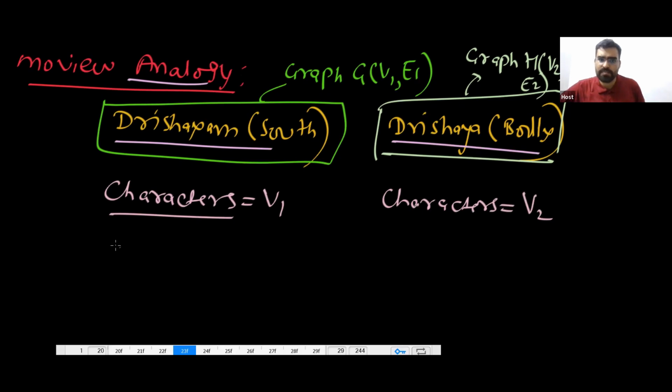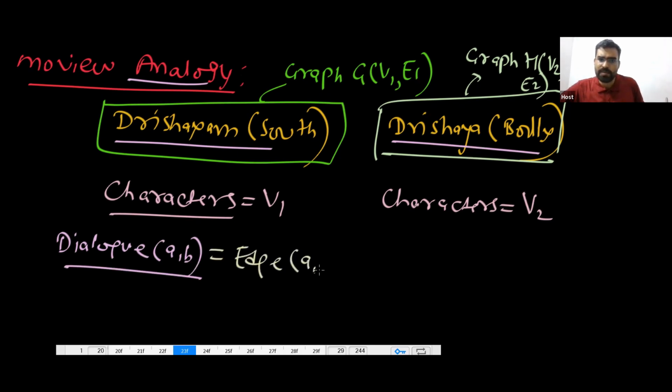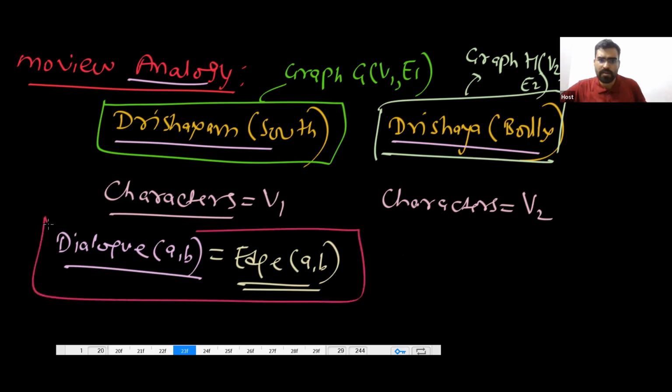And if you have some dialogue between A, comma, B, that is basically an edge between A, comma, B. So the dialogue between two people is the edge between two people. And if there is no dialogue between two people, then there is no edge between them. So this is the movie analogy.